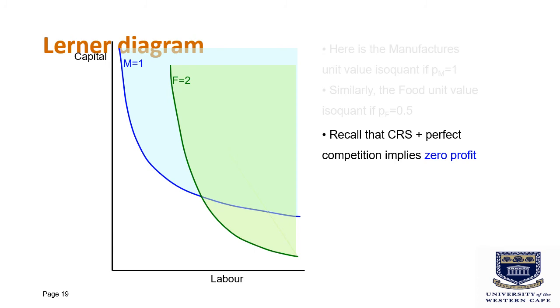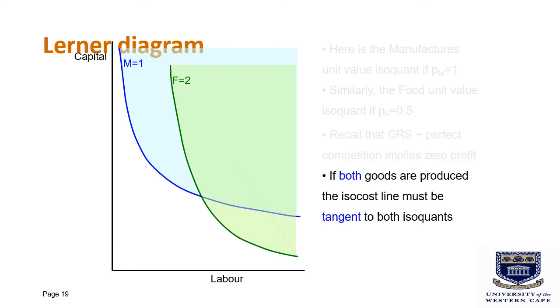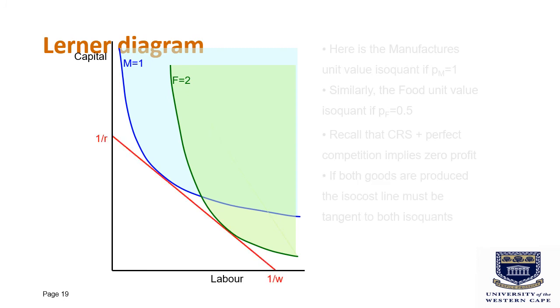So that also implies that when we draw in this curve, where the unit isoquant value is equal to 1 for the manufacturing and food industry, and the unit value of the isocost curves is equal to 1, when we draw in the isocost line and make a tangent, we will find that it is tangent to both the isoquant of food and the isoquant of manufacturers.